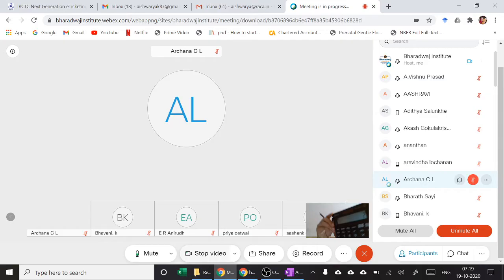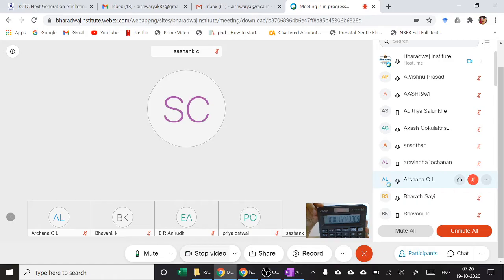Under root button is this button. Press it 12 times and tell me the value. 9 2 3 9 6 9. So this is the value you're getting.